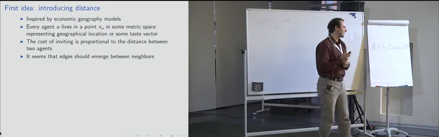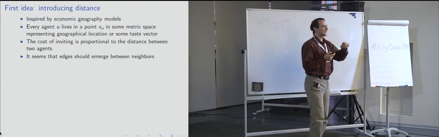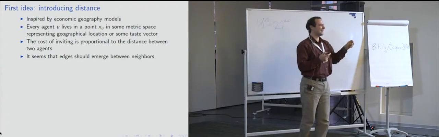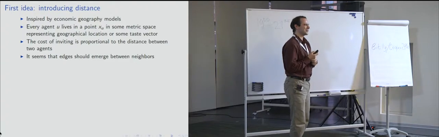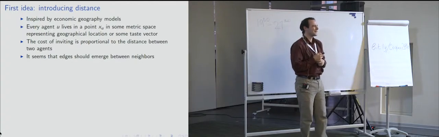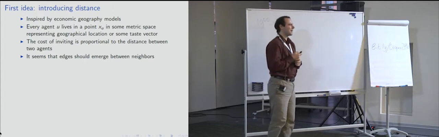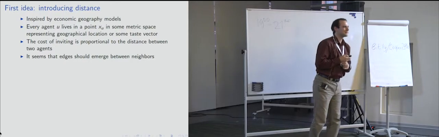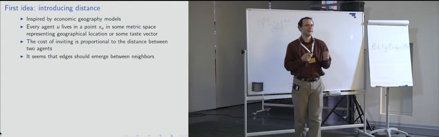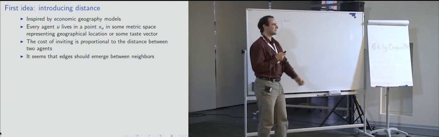This metric space may represent just geographic space, so that agents live at different points on, say, a sphere, and if they live close to each other, then it's not so costly to invite each other to the gathering, and if they live far away, then it's much more costly. Also, this space may represent tastes or attitudes, because if agents have close interests, then it's also simpler to make a connection.